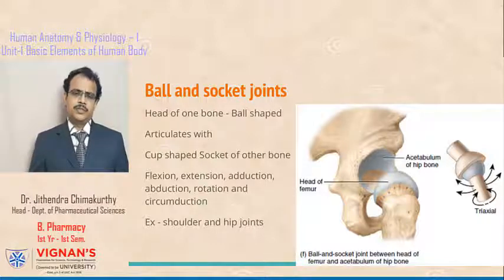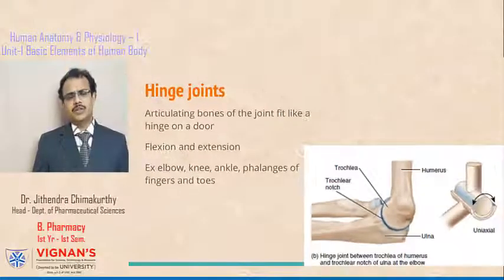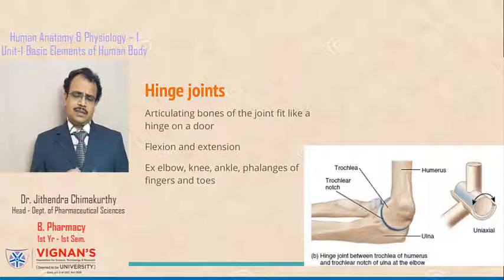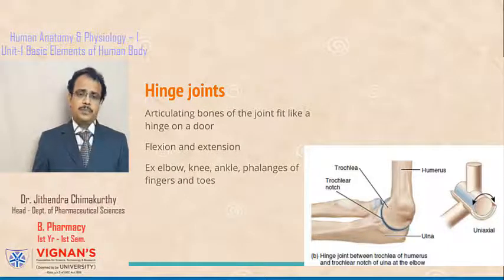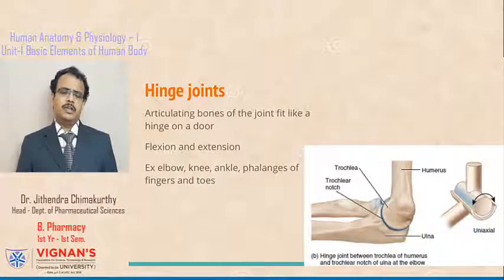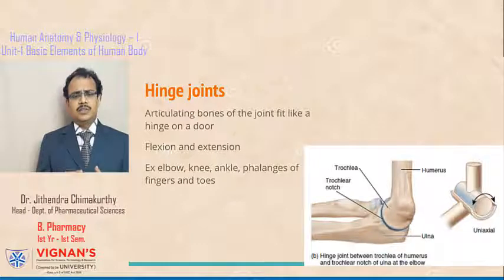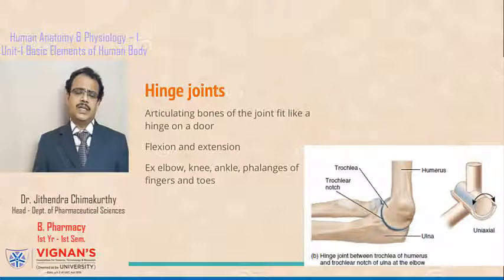The other type of joint is the hinge joint. Hinge is similar to the hinge of a door, and this type of joint is also formed between bones, which are attached in such a way that a door is attached to the surface with a hinge joint.